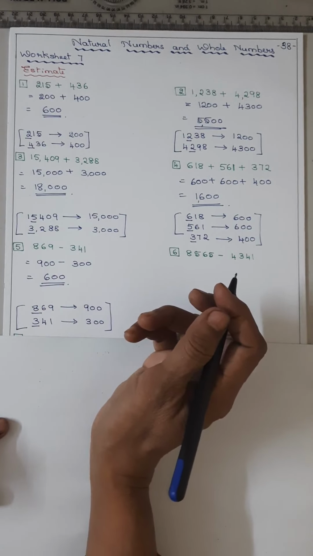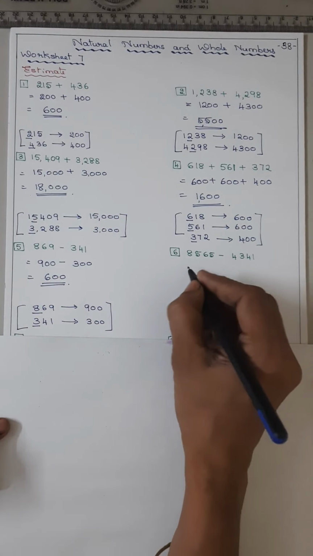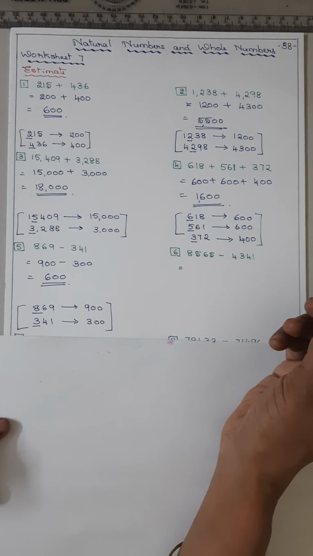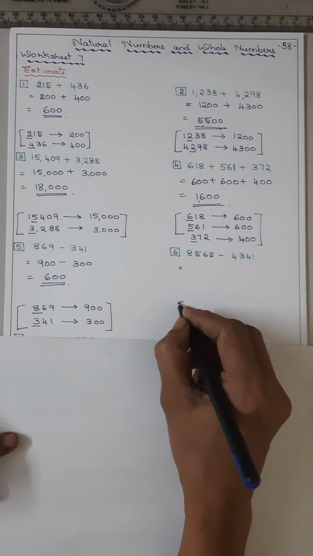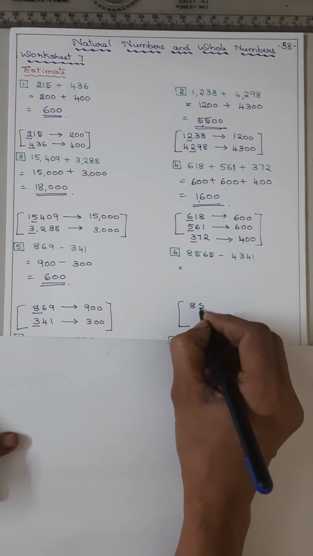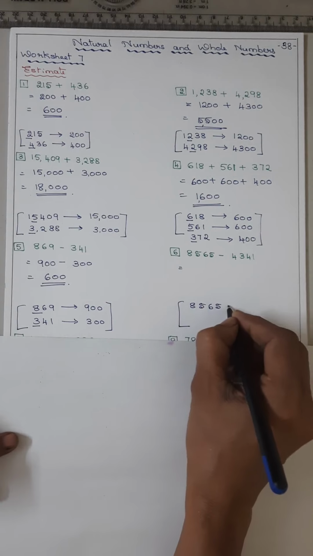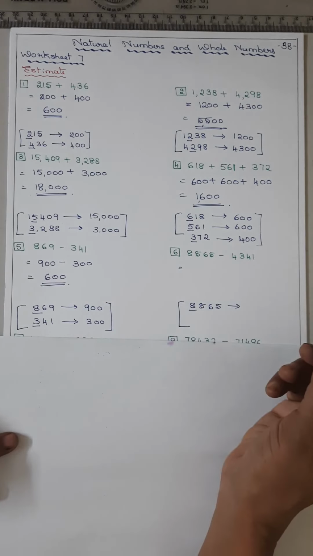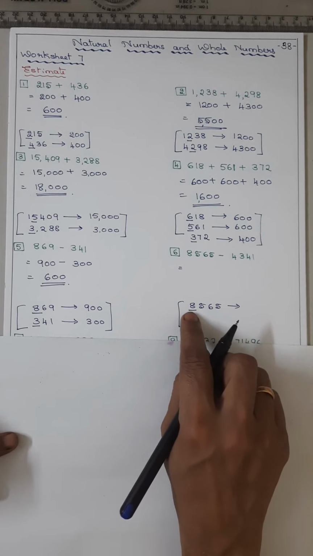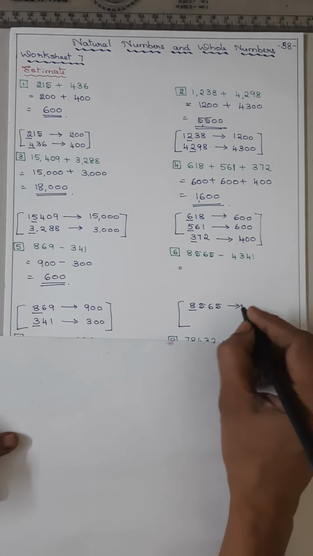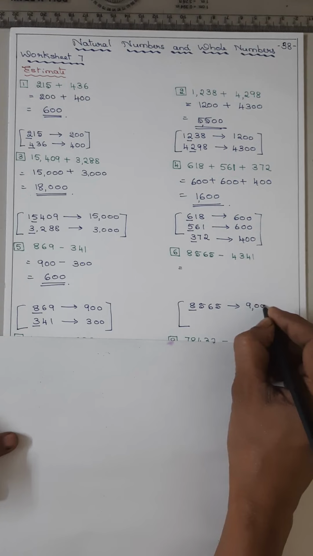Is it clear? Now coming to the sixth sum, both are in thousands. So round off to 1000. 8565, underline the thousands place. It is 5, which means it will increase by 1 digit, that is 9000.